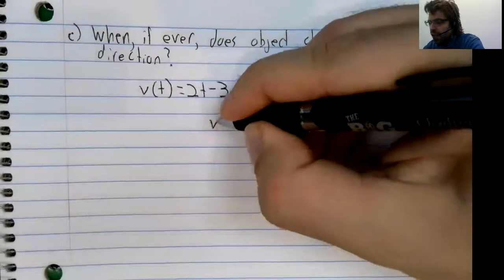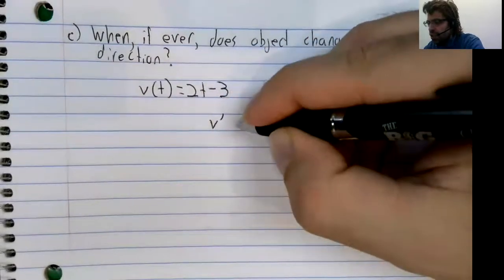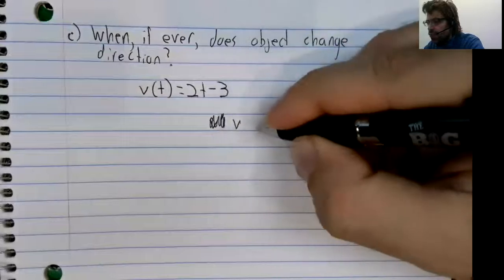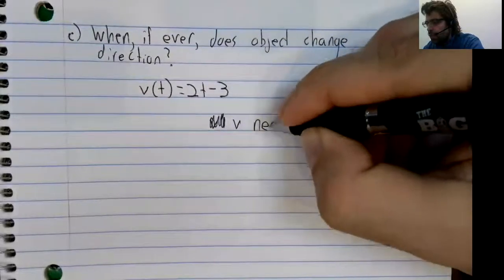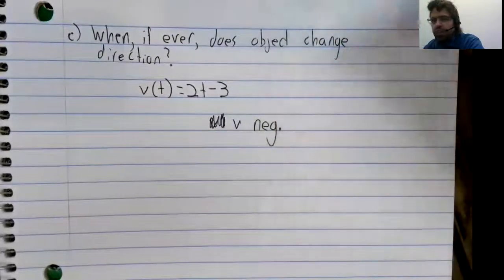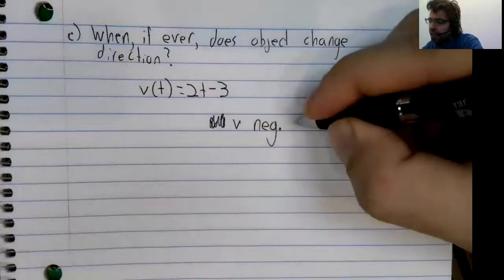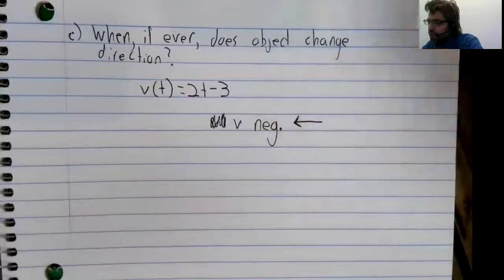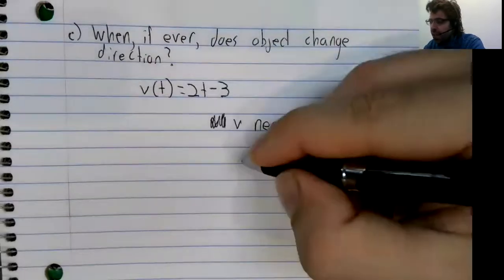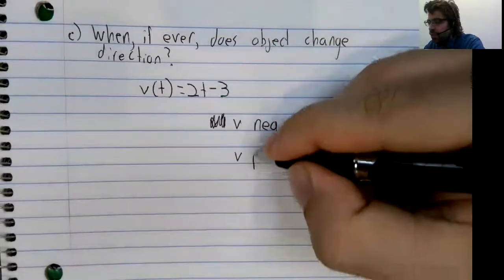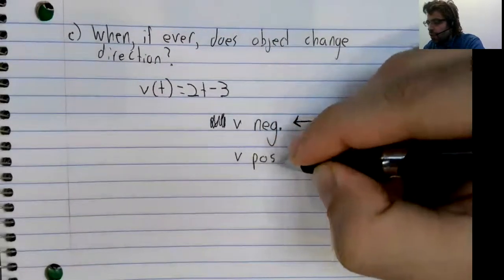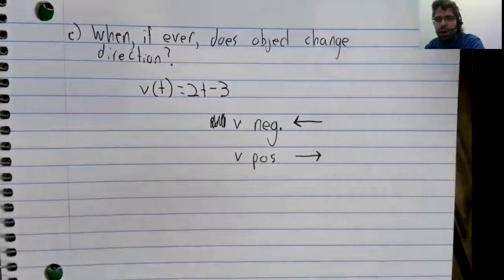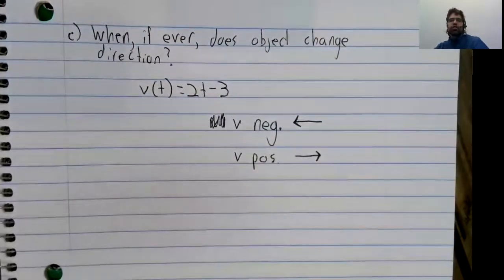And the sign of the velocity is telling you which direction the object's traveling in. It can be traveling in the negative direction, or it can be traveling in the positive direction.